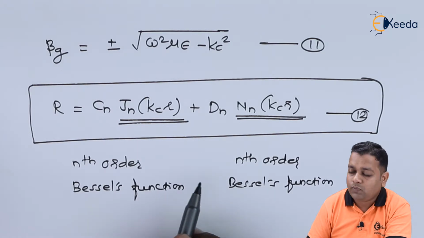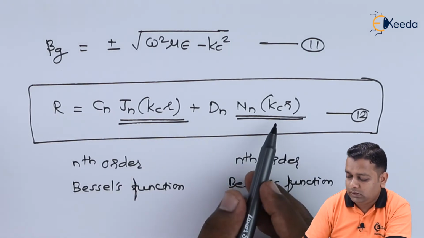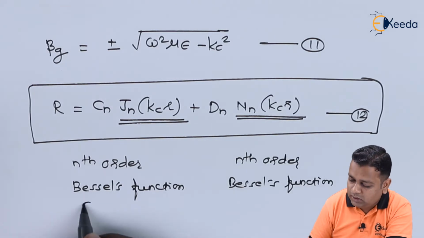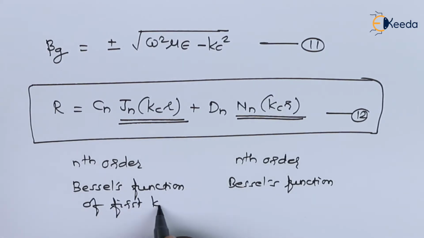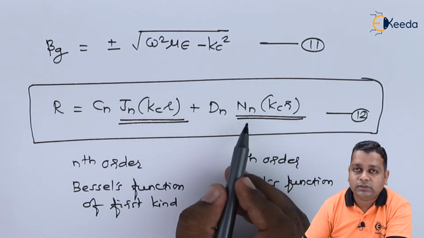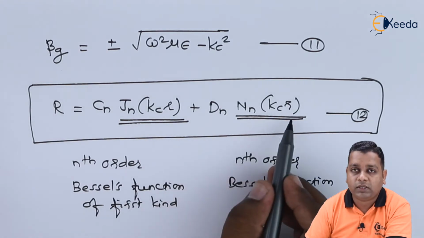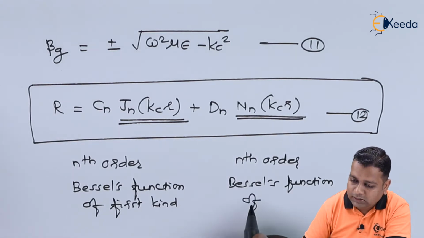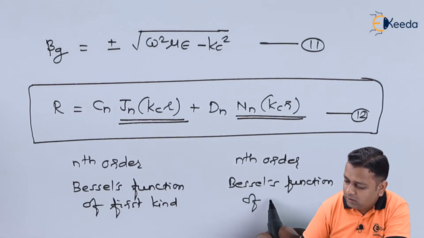In order to avoid confusion between the two terms, this is the nth order Bessel function of the first kind here, whereas N suffix n as a function of kc r is again called the nth order Bessel function, but this is of the second kind here.